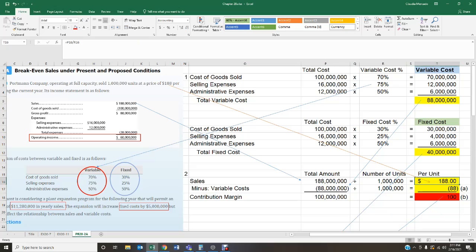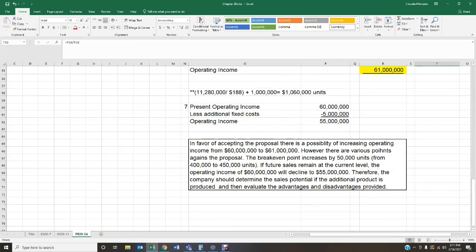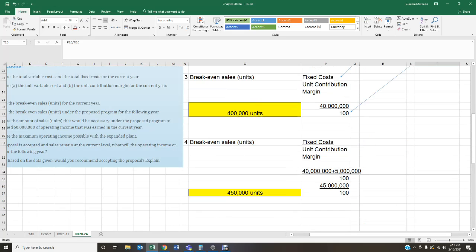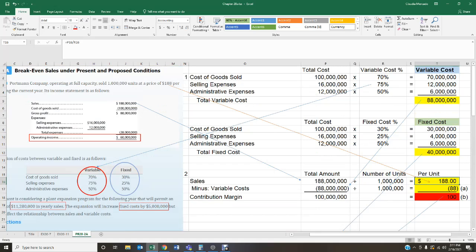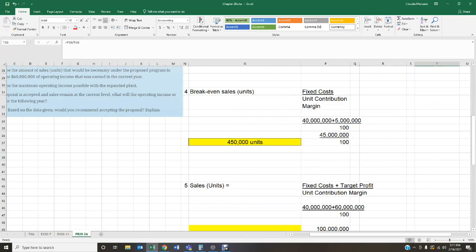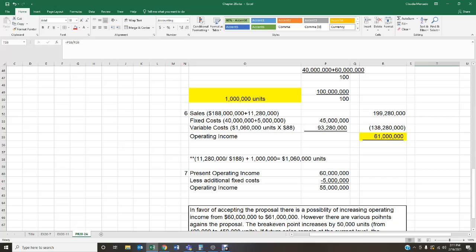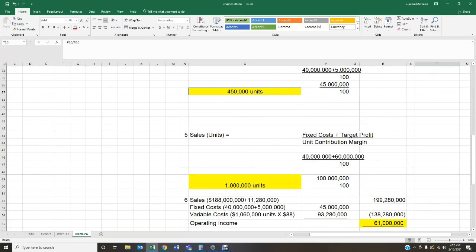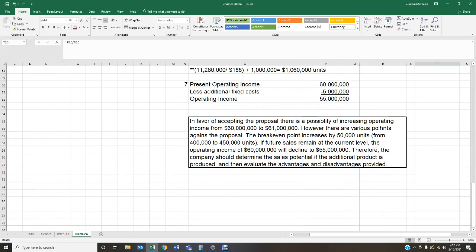This is what we calculated in requirement 2. Once we get that, we add the 1,000,000 units that are being sold to get my total units. Once you get your total units, you multiply by 88, which is your variable cost per unit calculated in requirement 2. Everything else is pretty straightforward.